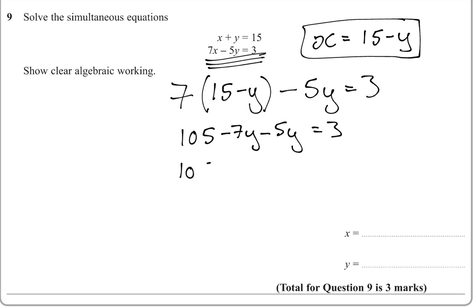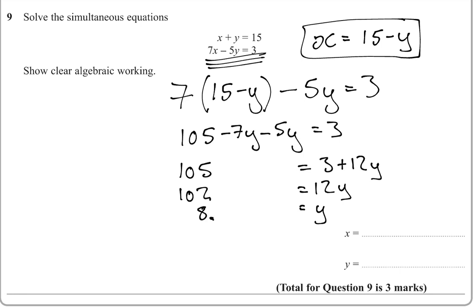So I'm going to add that, because I want a positive number of y's, so 105 equals 3 plus 12y if I do that all in one go. Take the 3 off, I get 102 equals 12y. So y equals 102 divided by 12.